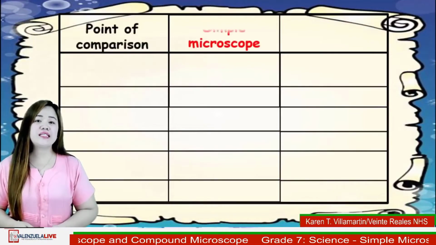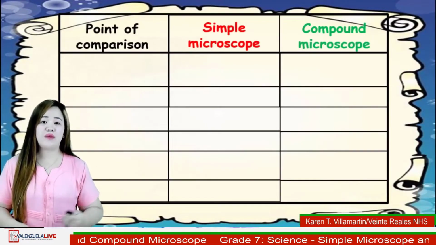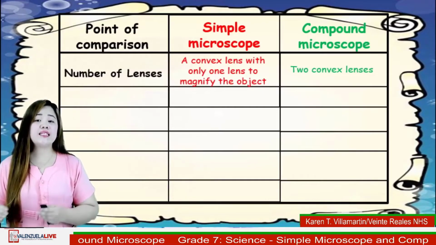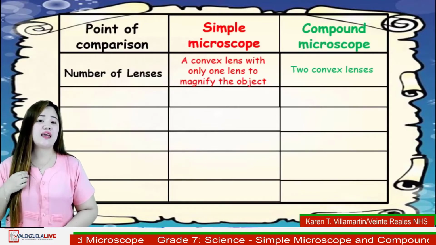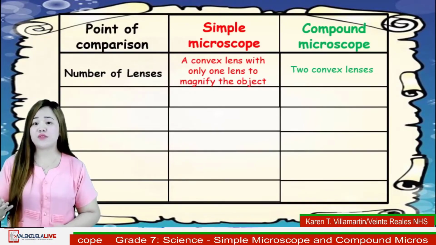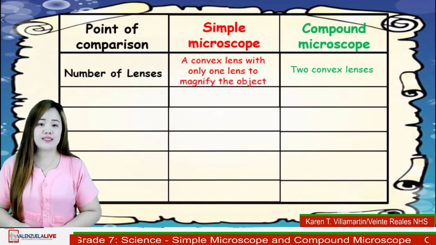Now, here is the comparison between the simple microscope and the compound microscope. When it comes to number of lenses, simple microscope has a convex lens with only one lens to magnify the object, while compound microscope has two convex lenses.